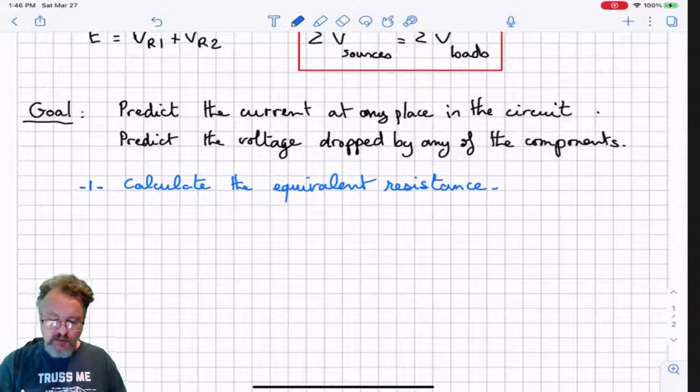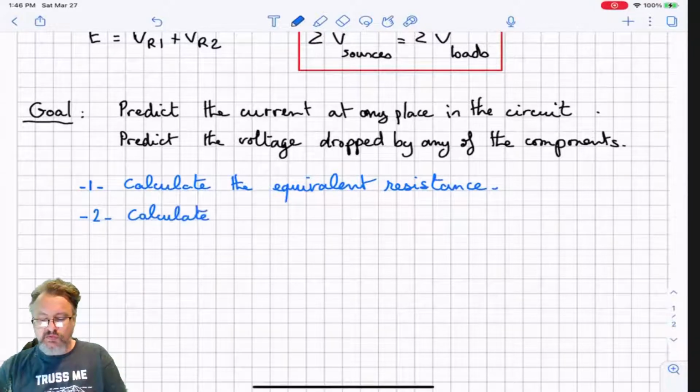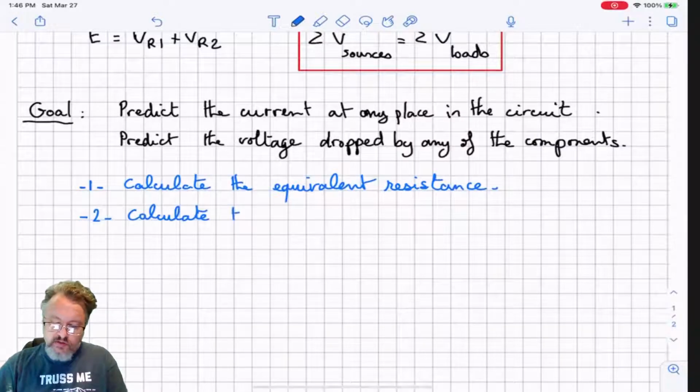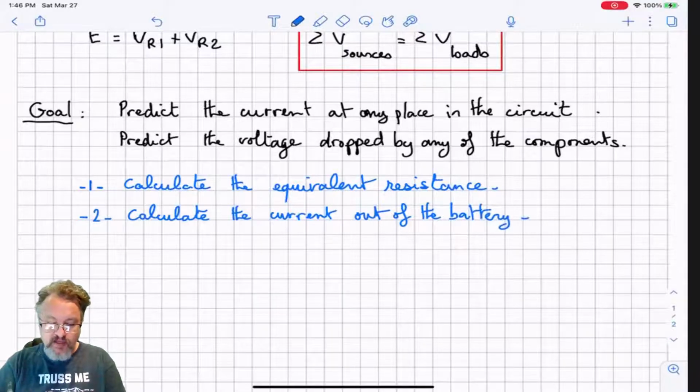Okay. Number two, you're going to calculate the current out of the battery. Okay.